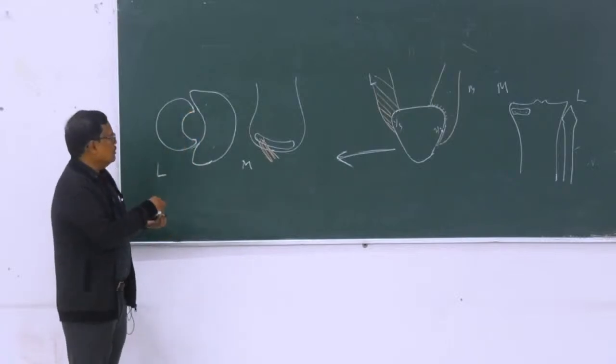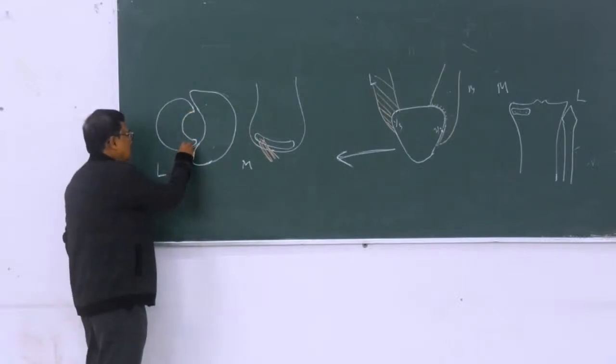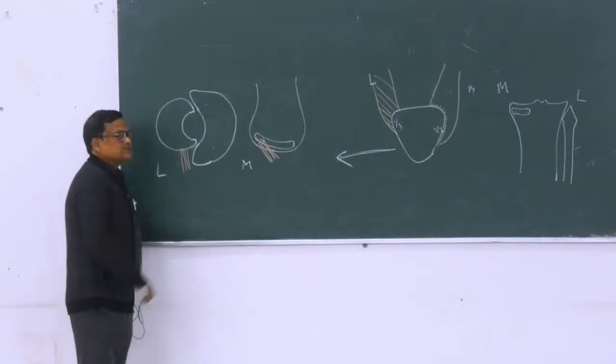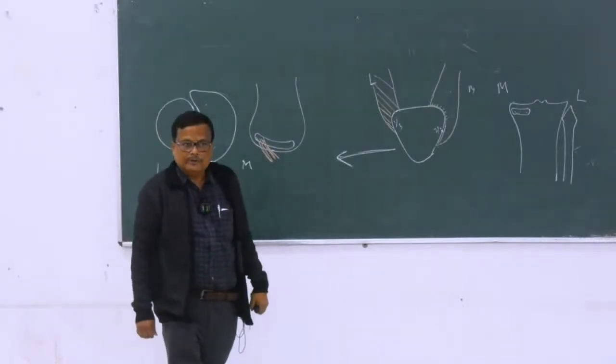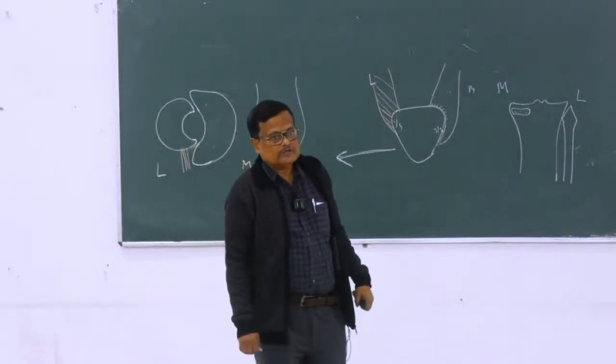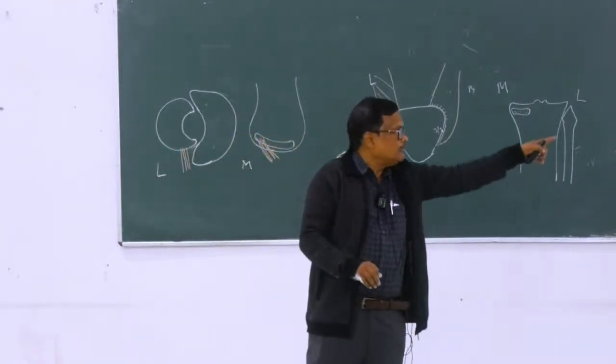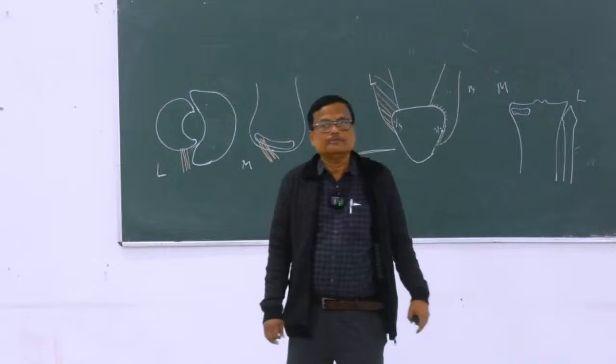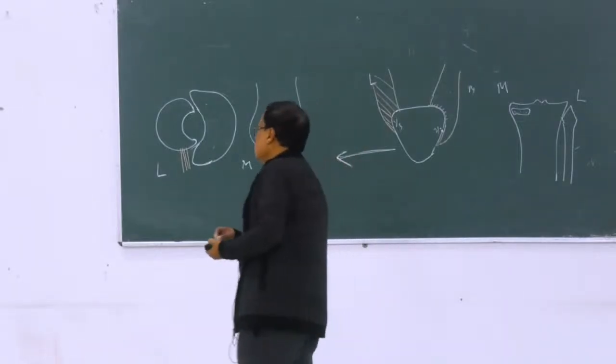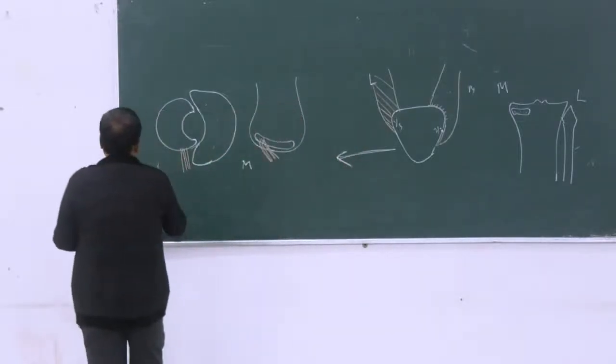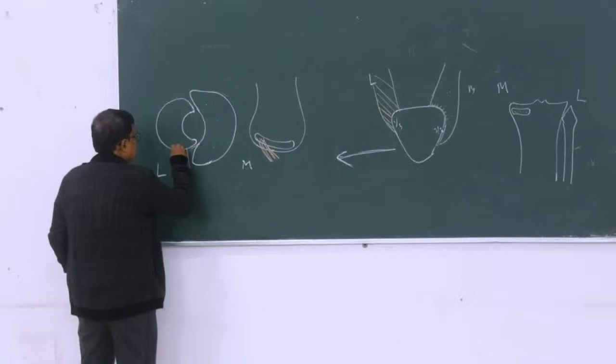In the posterior horn, one ligament and one muscle are attached. The muscle is known as the popliteus, a few fibers of the popliteus, and a ligament known as the meniscofemoral ligament.